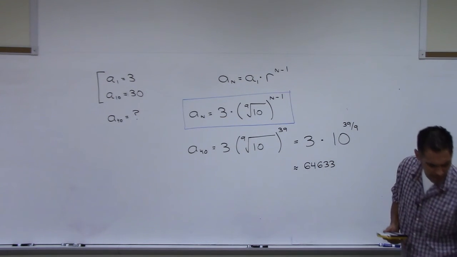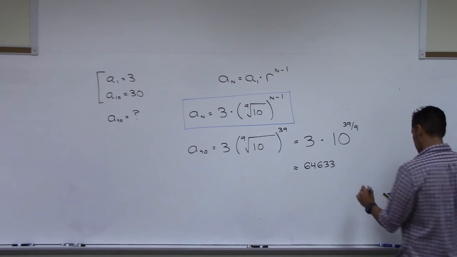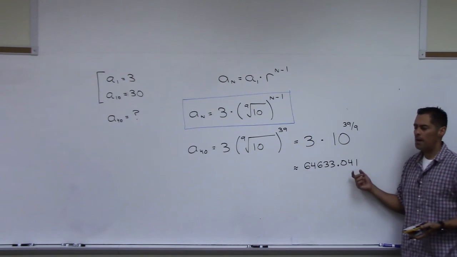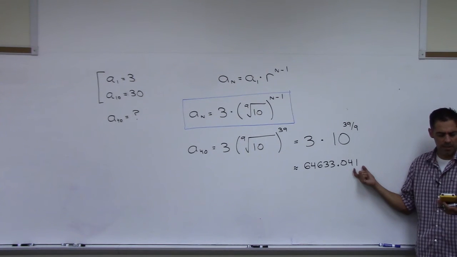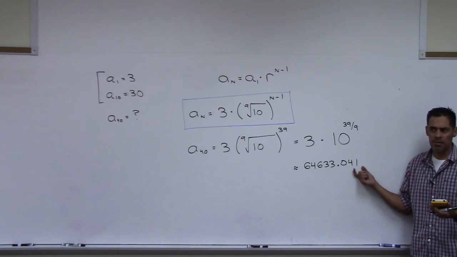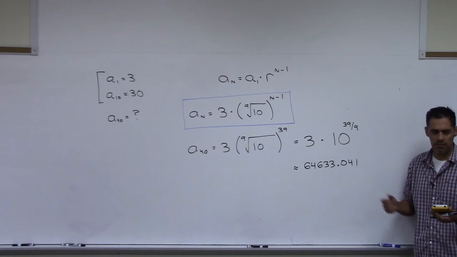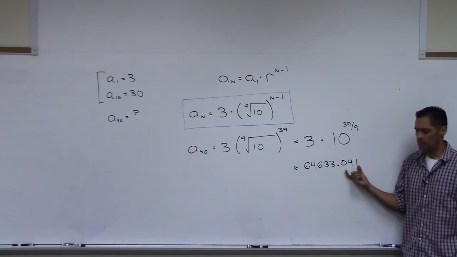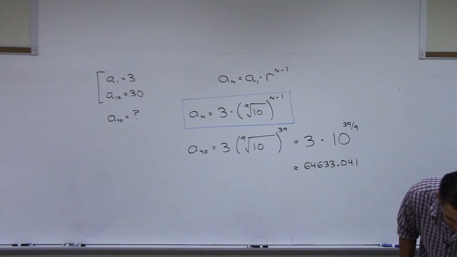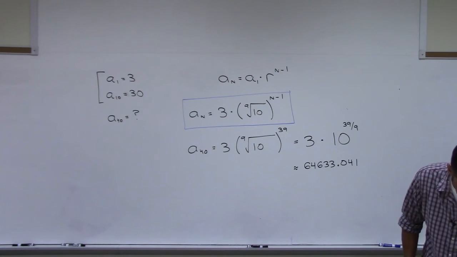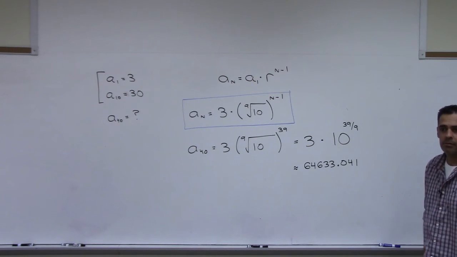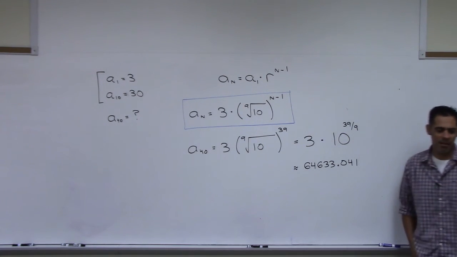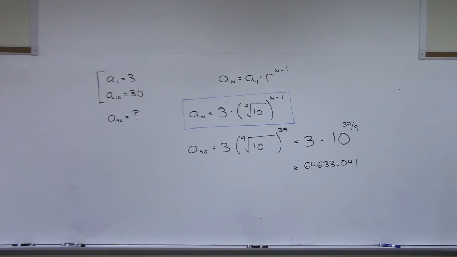And I think it says to round to 3 decimal places, so I think I would be going 041. I'm not quite sure how picky she is about rounding, but let me see what she has on her answer key. Oh, she went 4 decimal places, so whatever. My whole theory is we're not trying to put a man on the moon right now, right? So I think we can be a little bit tolerant of decimal places, all right?